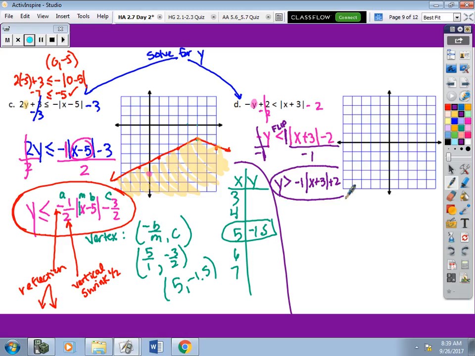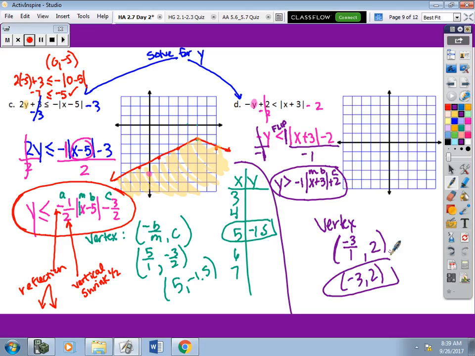Okay. And again, let's find our vertex, just to be sure. Although this one, you could use shifts left and up, left 3 up 2. But let's just double check. M, B, C. So this would be -b divided by m, comma c, which is -3, +2. Now again, since we have this negative out front, Abby told us last time that that means that the graph is going to be reflected downward, which is our reflection.